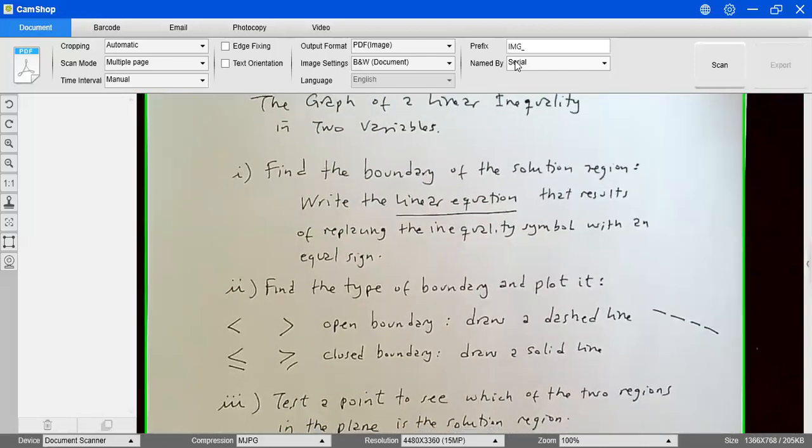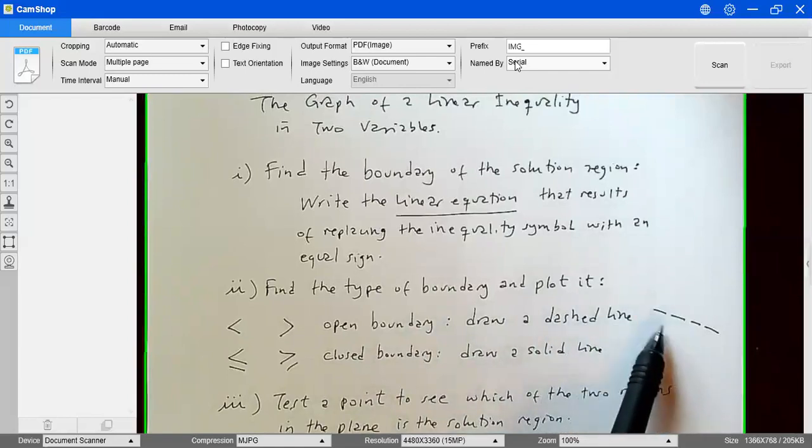So if you remember from the previous chapters, when you have the less than or greater than symbols, you have open boundaries. So in this case that we are working with two variables, our boundary is a line. So if you have an open boundary, the line is going to be drawn by using a dashed line. So that's something like this.